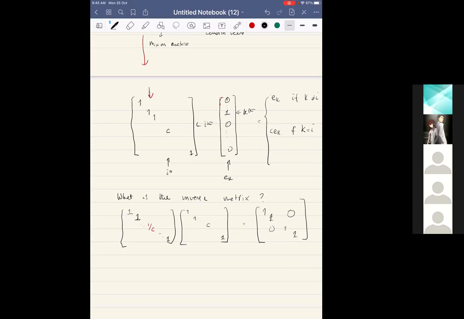So the inverse matrix is the one with 1 over C, but you can also see it from the action on basis vectors. I have one linear map which leaves all the basis vectors unchanged except the ith basis vector that gets multiplied by C. So what should be the inverse map? Well, the inverse map should leave all the basis vectors unchanged except it should multiply the ith basis vector by 1 by C. And what is that matrix? It is exactly the matrix that we wrote down.